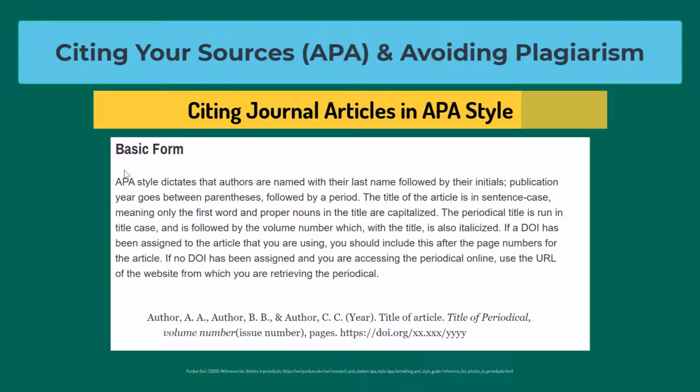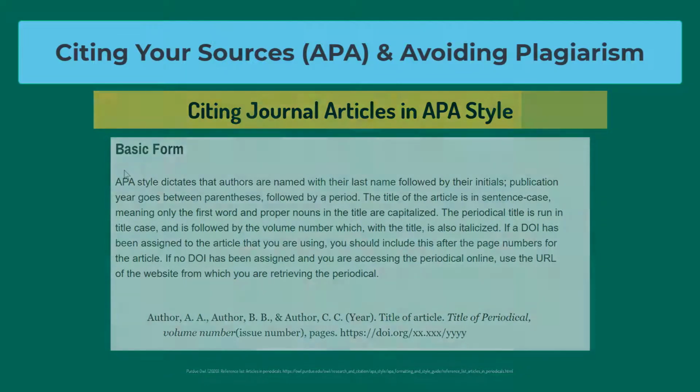A journal article citation will follow this format: author's last name, first initial, period, the year of publication in parentheses followed by a period, the title of the article followed by a period, the title of the journal, which is italicized, followed by a comma, followed by the volume in which the article was published, which is also italicized, followed by the issue, in parentheses, followed by a comma, followed by the page numbers on which the article appeared.